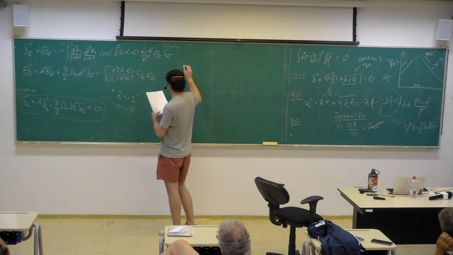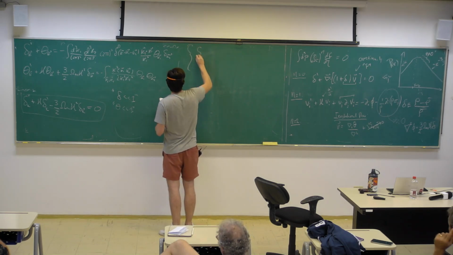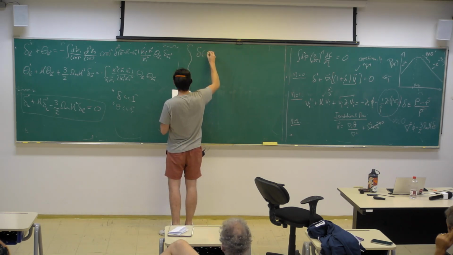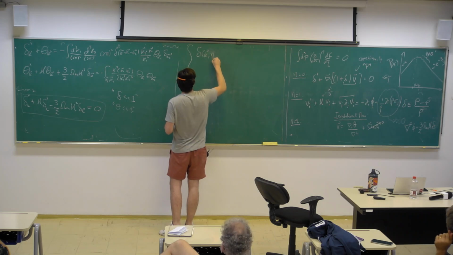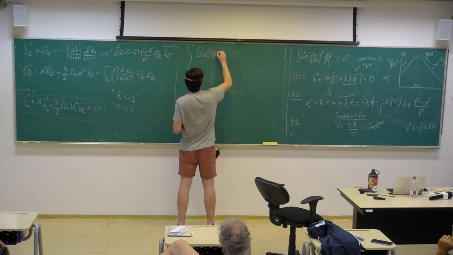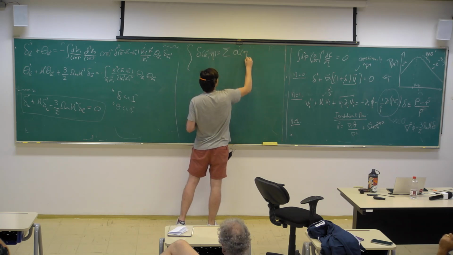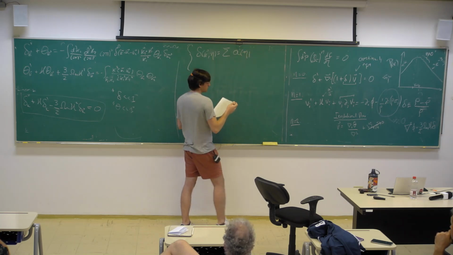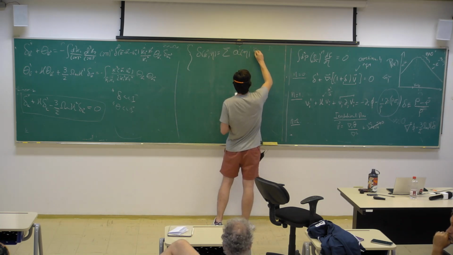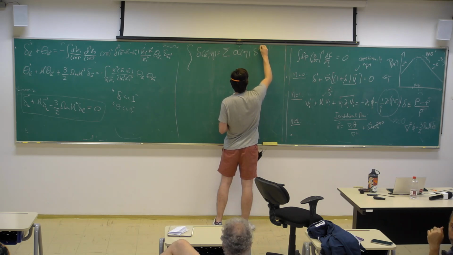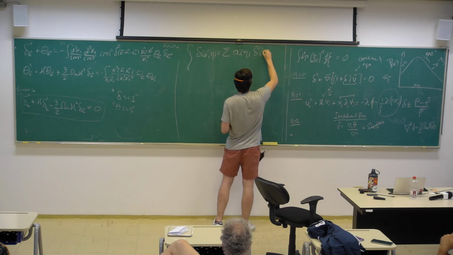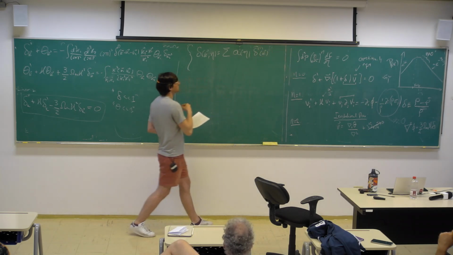I'm going to look for something that looks like delta of k and eta as a sum of powers of the scale factor times something with a non-trivial momentum dependence, but that doesn't evolve in time.